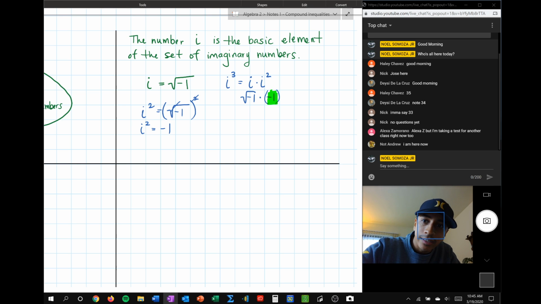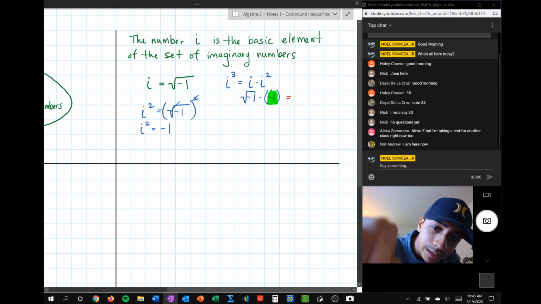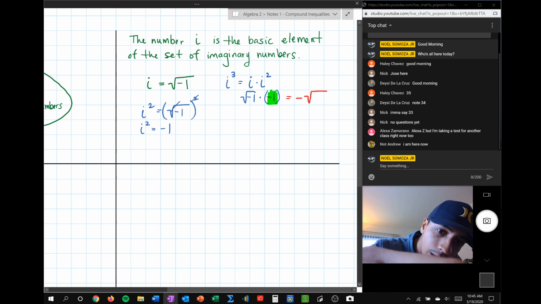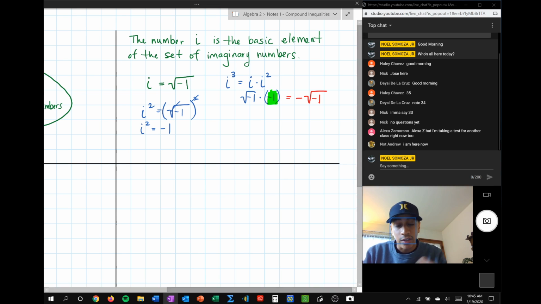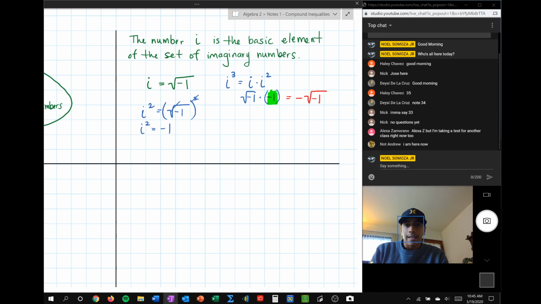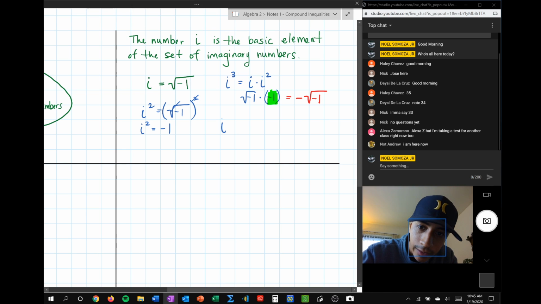So when I multiply these things together, i to the third is really going to be negative square root of -1. That right there is what i to the third is equal to. And now what if we take a look at i to the fourth? Would you agree that this is the same thing as saying i squared times i squared?